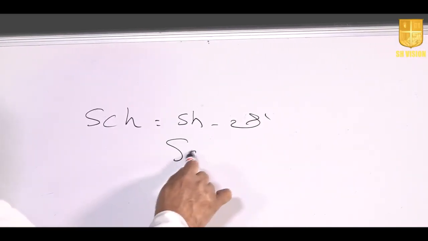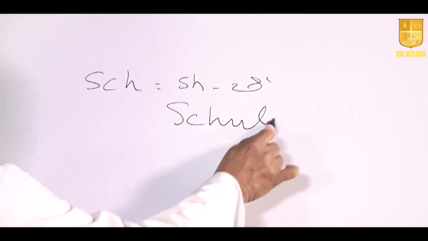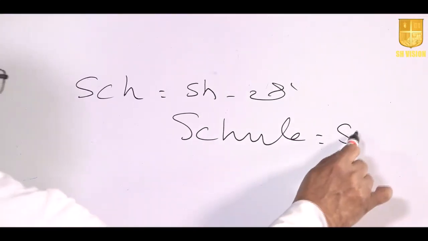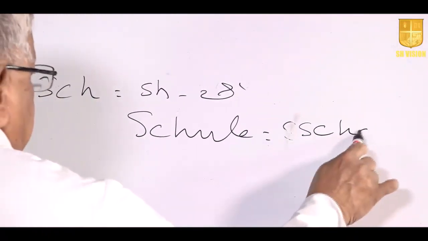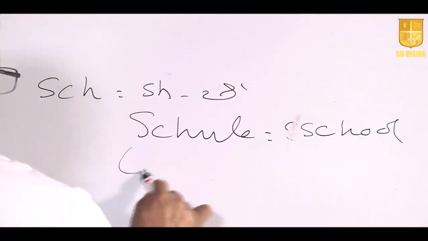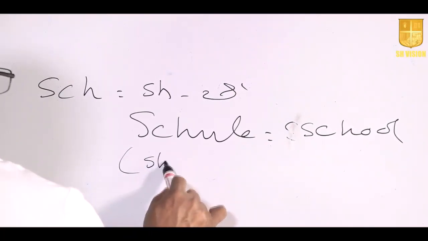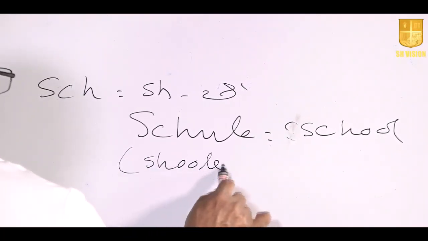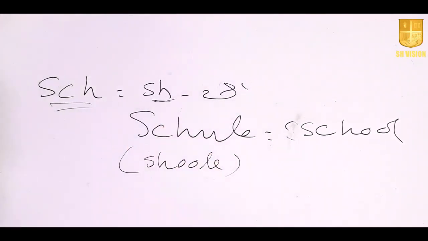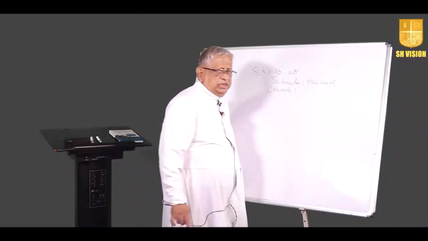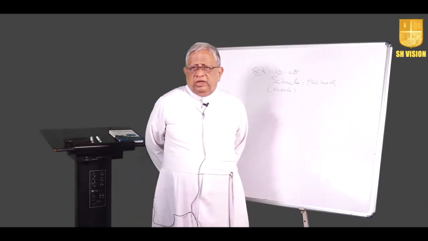For example, Schule. Schule means school. So SCH is sh, like the sh of the shoe. That is also a peculiarity.